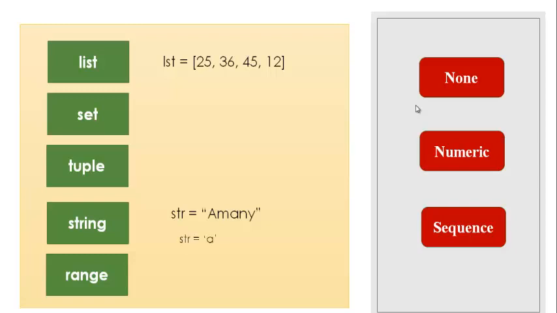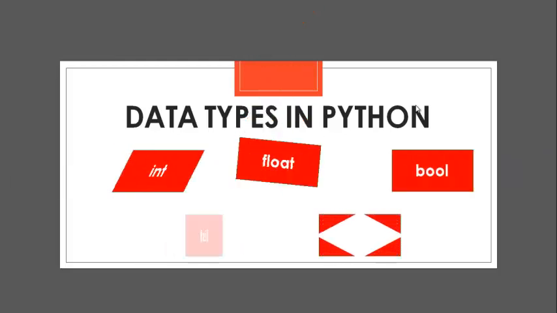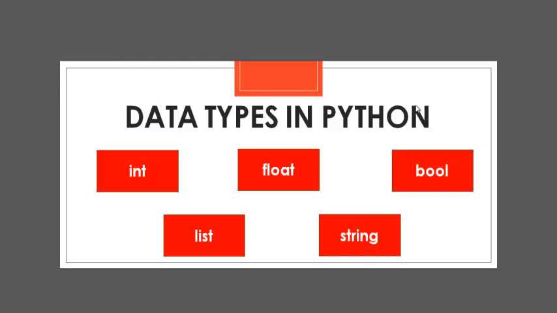But in Python, you can use the string data type for representing both a character or a string. So the data types we have in Python are int, float, bool, list, and string. Of course, we have more than these data types, but we are going to concentrate on these only.